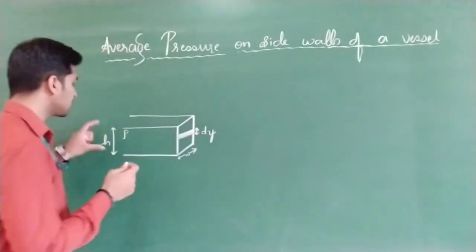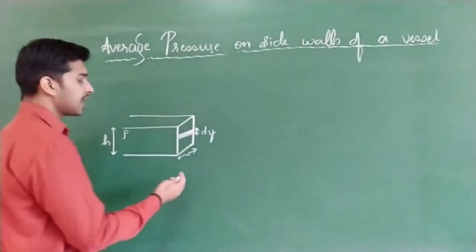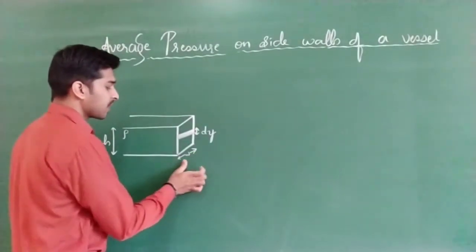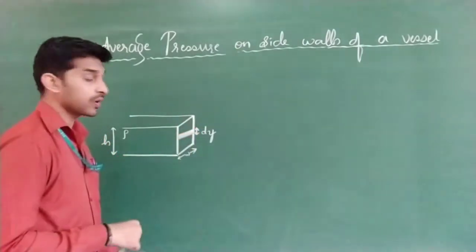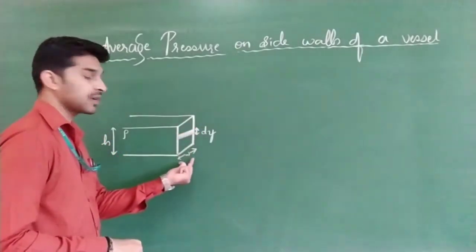Total is h, width is w, and dy is the height of this small element, and the width of this small element is w only.